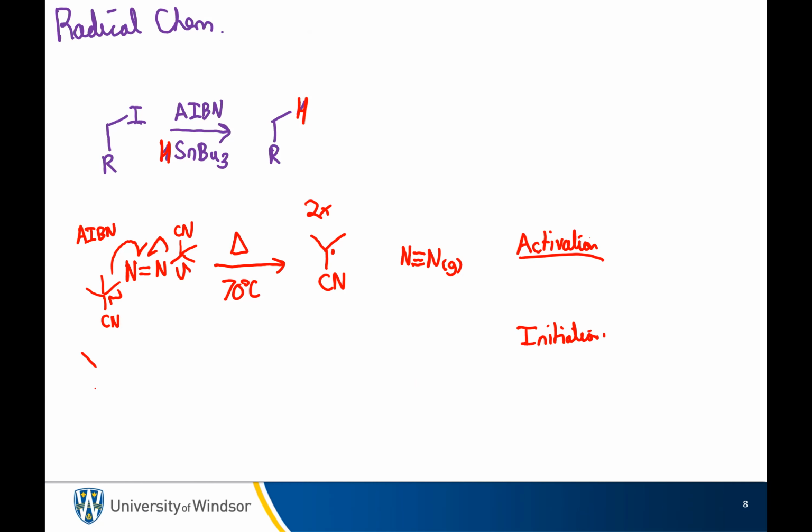So radicals are lazier than almost every other molecule. They will always react with the most reactive bond in a system. And the most reactive bond in this entire molecule system, everything we've got in there, is the hydrogen tin bond.